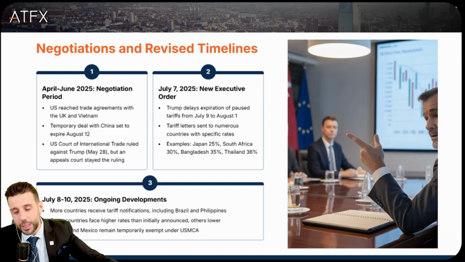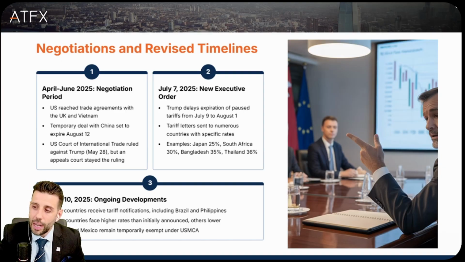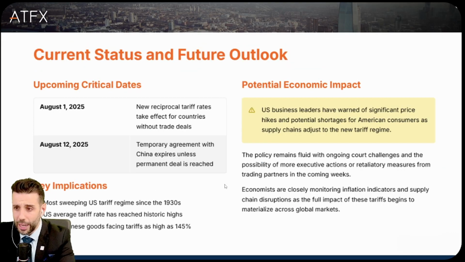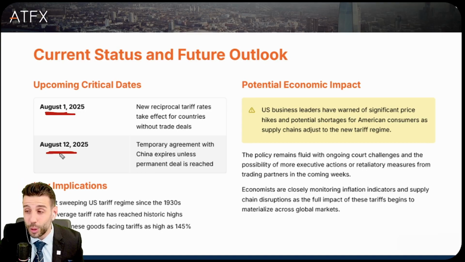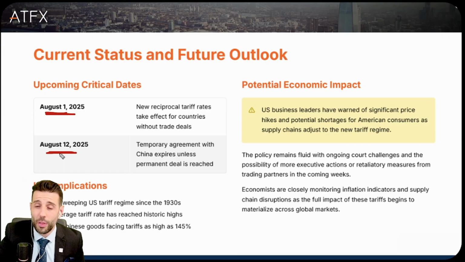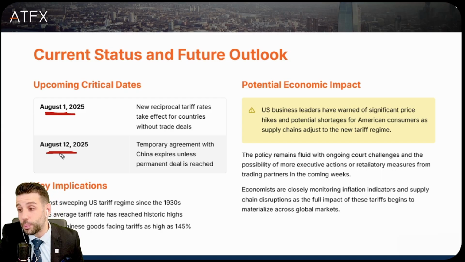He postponed it again, one more time, to the 1st of August. So again, we will see if this time the 1st of August is finally the real deadline for the reciprocal tariffs, giving more chance, more room for countries like Japan, who started negotiations with the United States almost a month and a half ago, but still doesn't have any clear deal closed.